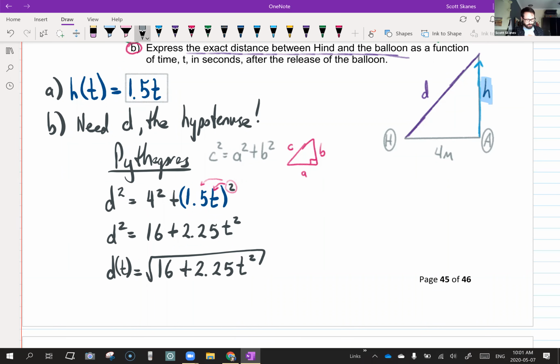And that's our final answer. So once again, I can get the distance, so I can put in any time. I can put in 1 second, it'll give me the distance at 1 second. I can put in 2 seconds, it'll give me the distance at 2 seconds. I can put in 100 seconds and see how far away it would be if this balloon went straight up after 100 seconds. But that's how these questions work.